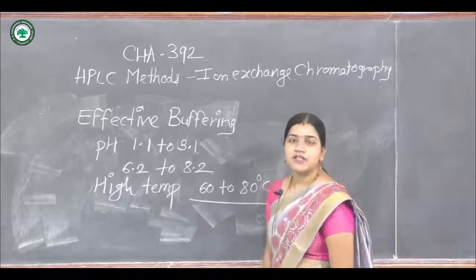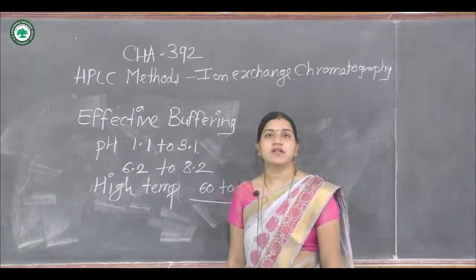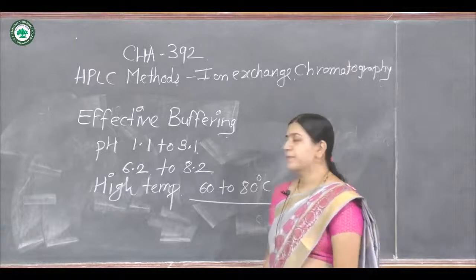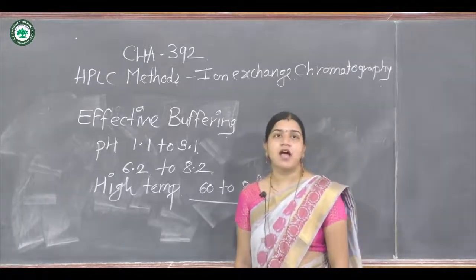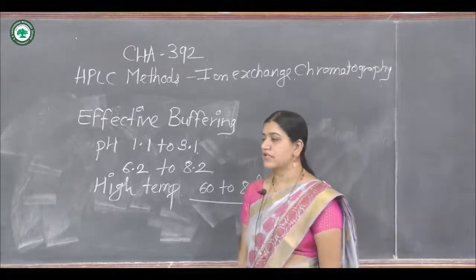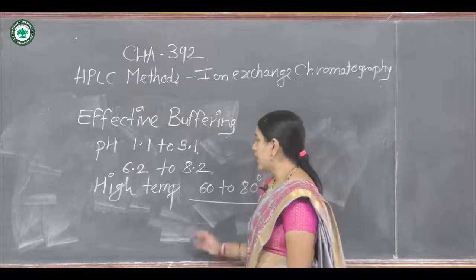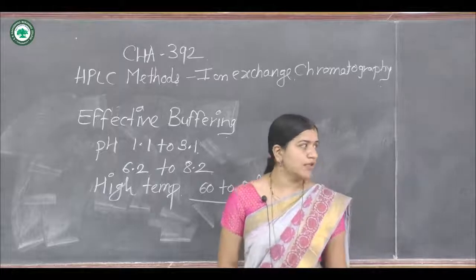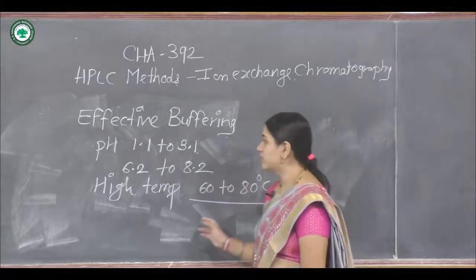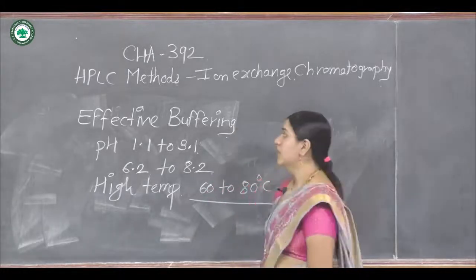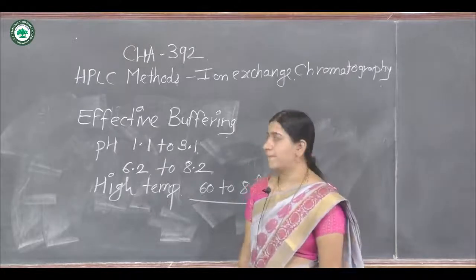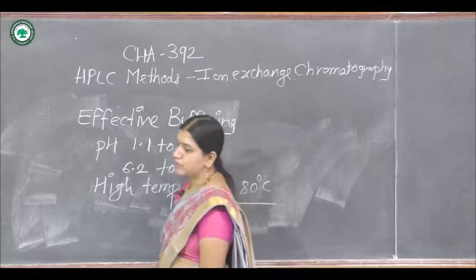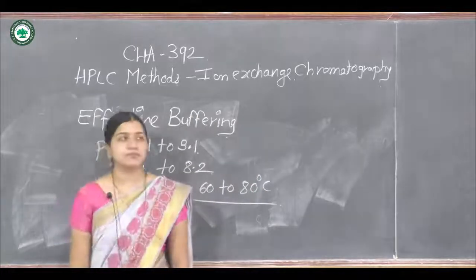For ion exchange chromatography, this temperature of 60 to 80 degrees Celsius is maintained, and with such a high temperature you will obtain a better separation.